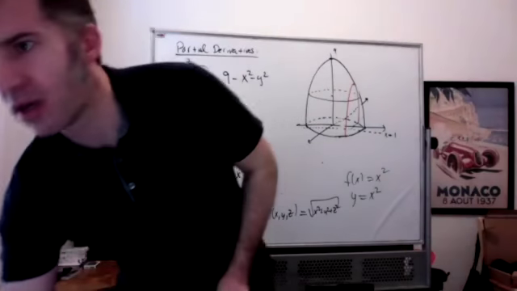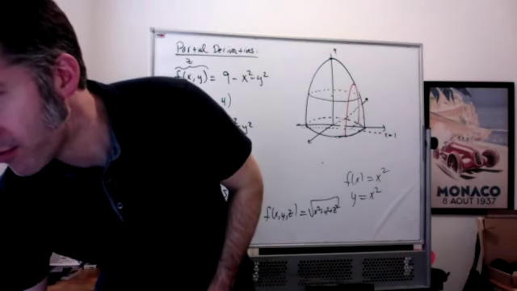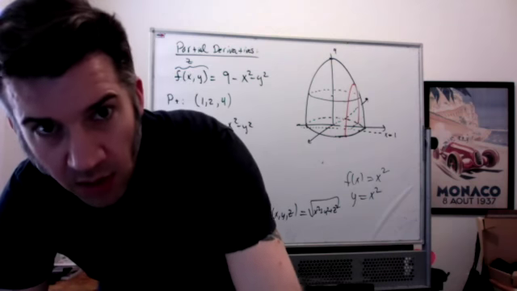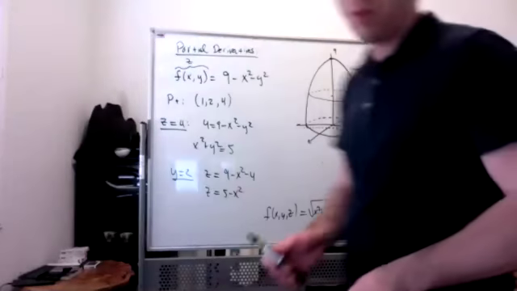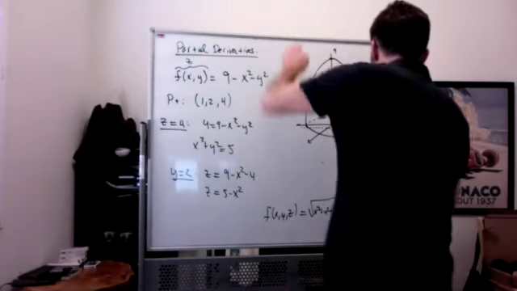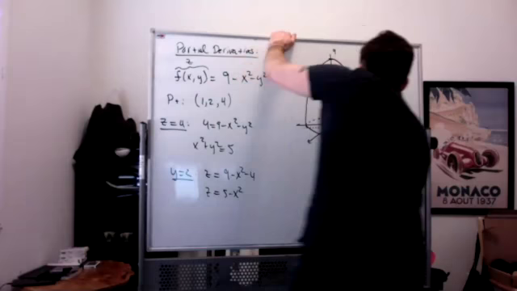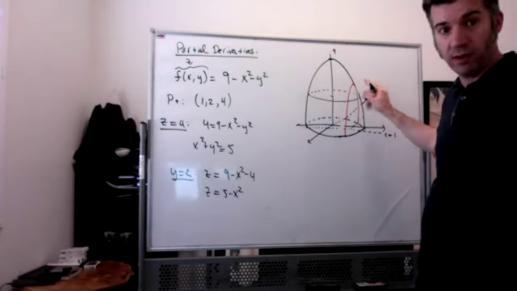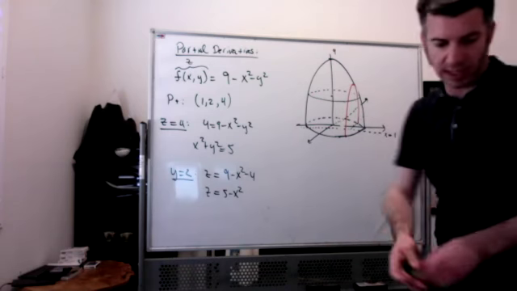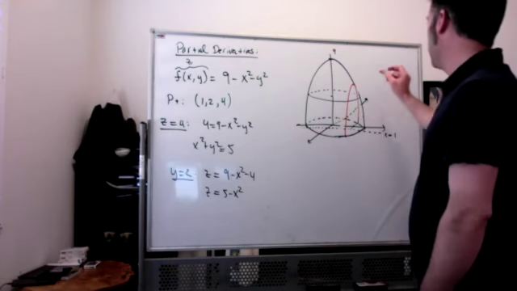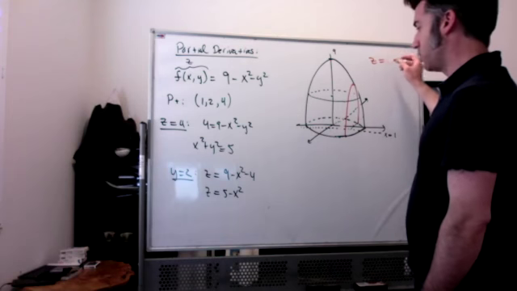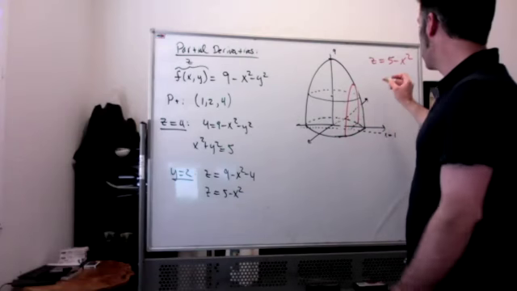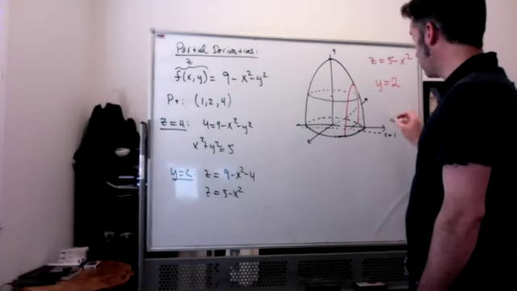So the idea here is that this red curve is on this surface. This red parabola is z equal to 5 minus x squared in the plane y equal to 2.